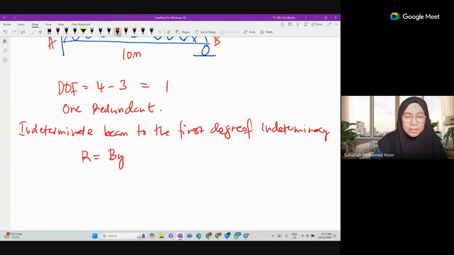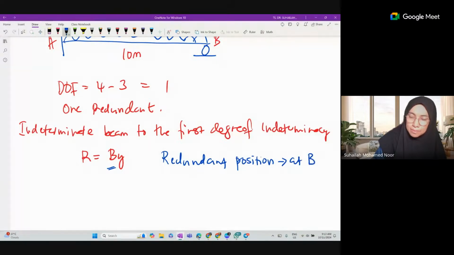So the redundant position is at B. After this, we will focus on the displacement at B.